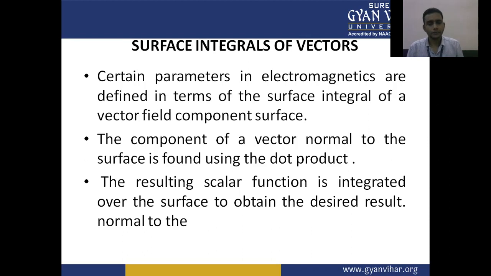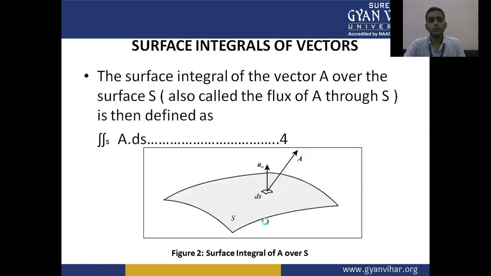The resulting scalar function is then integrated over the surface to obtain the desired result. The surface integral of the vector A over the surface S, also called the flux of A through S, is then defined as the double integral over S of A dot dS.